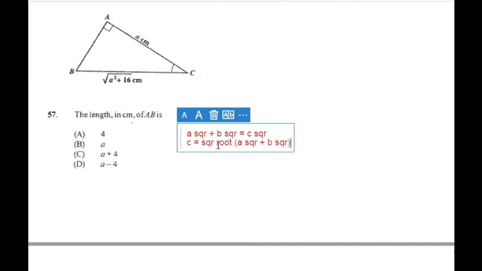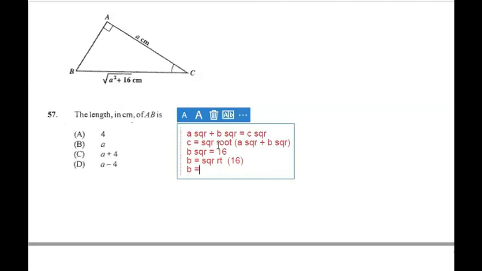Since we have a already, and that will also give it as the adjacent on the triangle, therefore b squared is equal to 16, and b therefore is equal to the square root of 16.